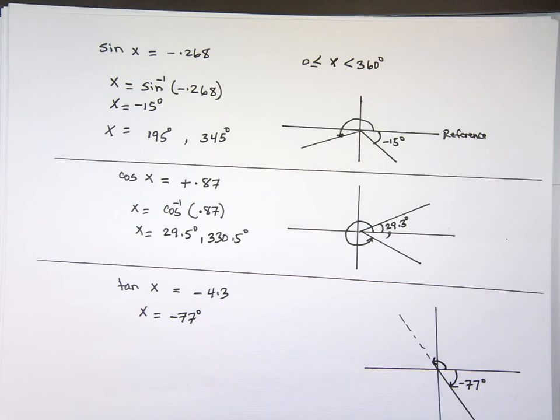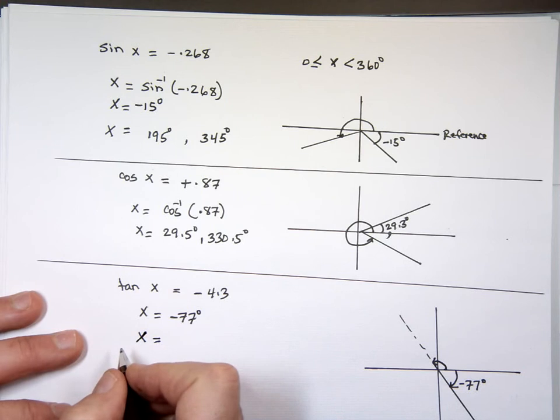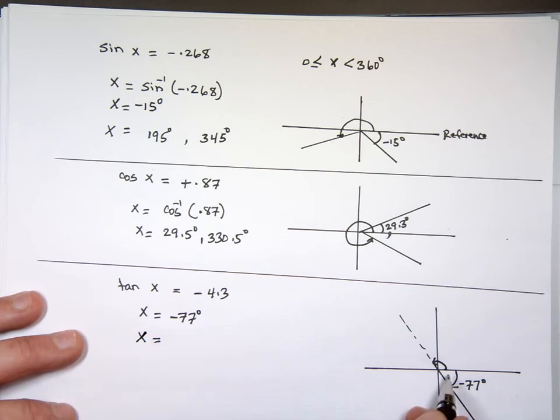How did you get 113, John? Subtract 77 from 90? From 180, you mean, because from here to there is 180. This opening here is 77 degrees, the same size as this one.